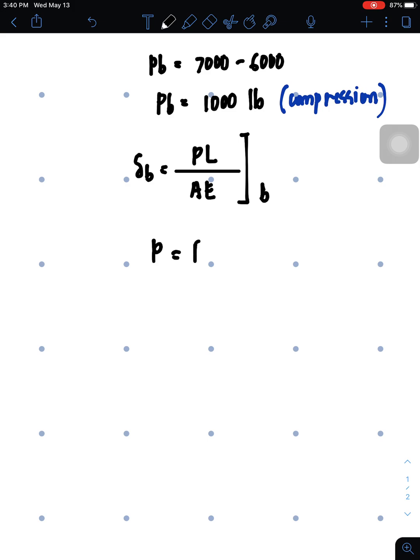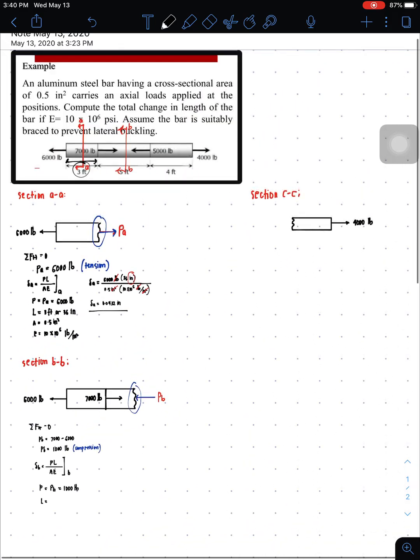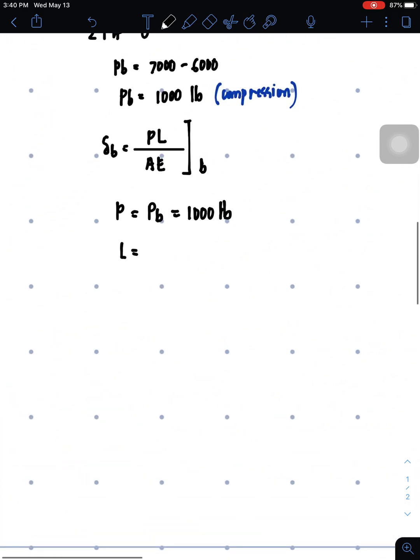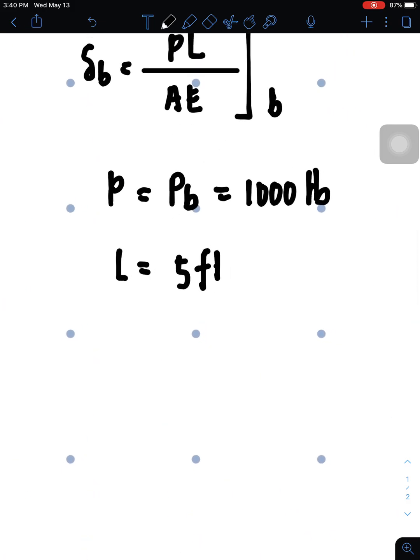P is just equal to PB now, and that is equal to 1,000 pounds. And for the L, or length, it has 5 feet length. So that's 5 times 12, that's 60 inches.